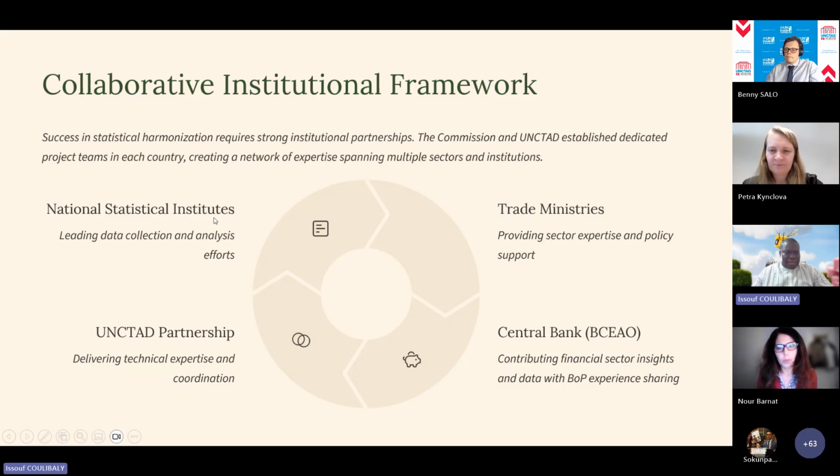In this framework, we can note the National Statistical Institute, the Trade Ministry, the Central Bank, and our partnership with UNCTAD to deliver technical expertise and coordination.